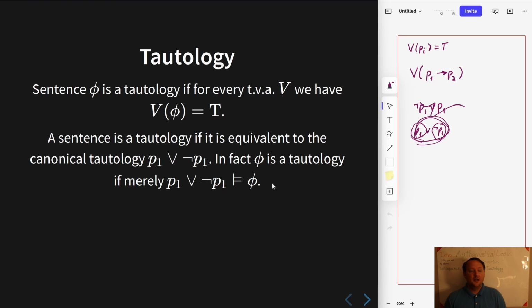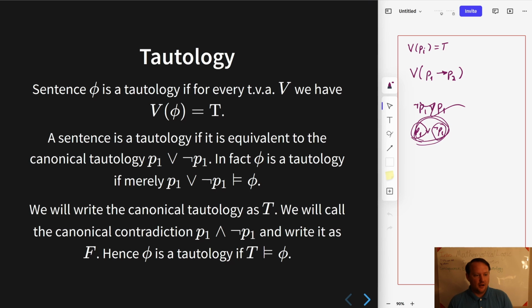Even that is enough to know that the sentence is a tautology. Here I'm remarking that when I want to abbreviate the canonical tautology, I'll abbreviate it with an italics T. The straight-up T is my symbol for the truth value, and my italics T is my symbol for the canonical tautology. So this italics T is actually a sentence, not a truth value.